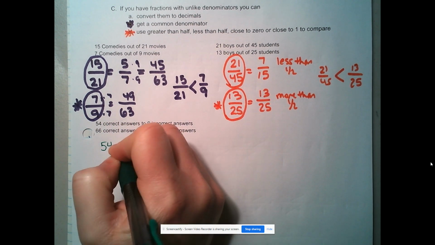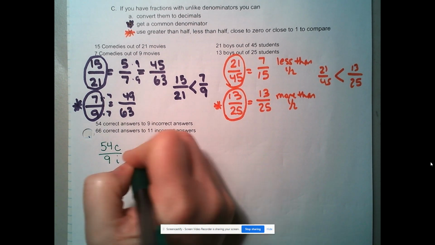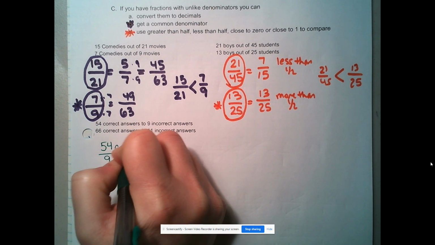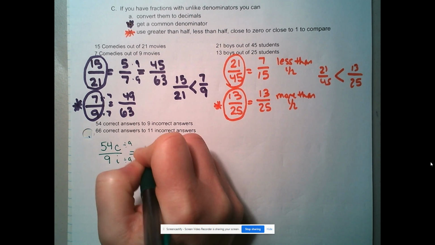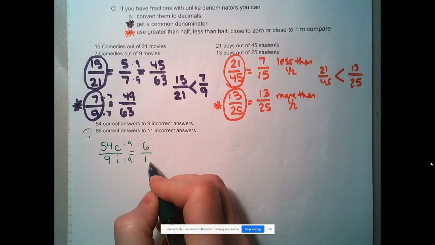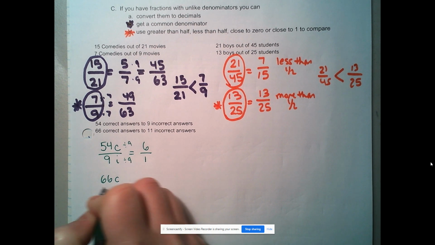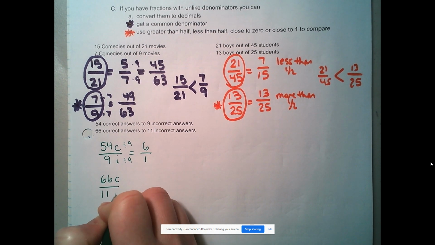54 correct answers to 9 incorrect answers. If we put that in lowest terms, if we divide by 9, we get a 6-to-1 ratio. That means this person got 6 correct answers for every 1 incorrect answer. The next person got 66 correct answers compared to every 11 incorrect answers.